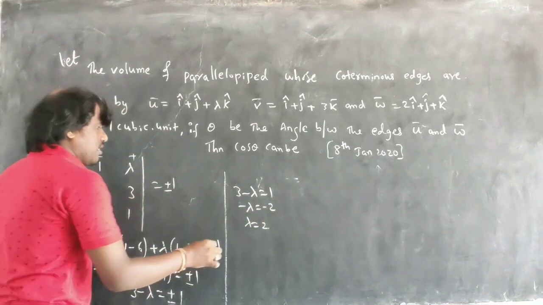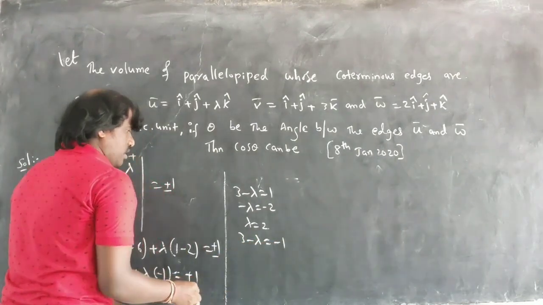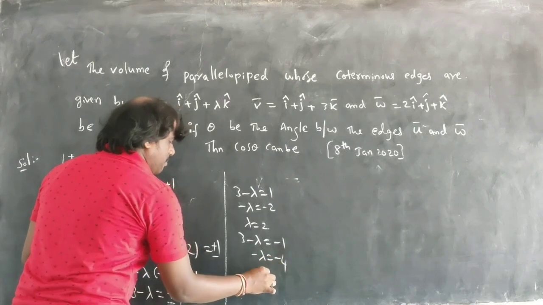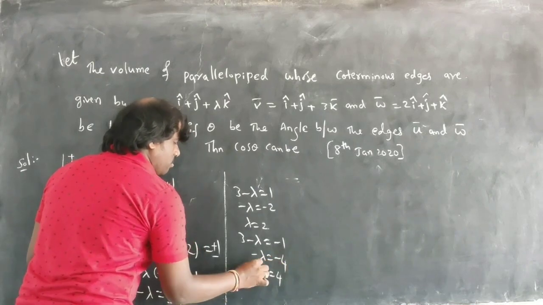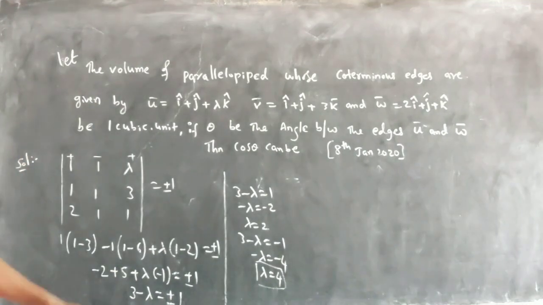If I take minus 1, then 3 minus lambda is equal to minus 1, minus lambda equal to minus 4, lambda equal to 4. So I am going to get two lambda values: 2 and 4.